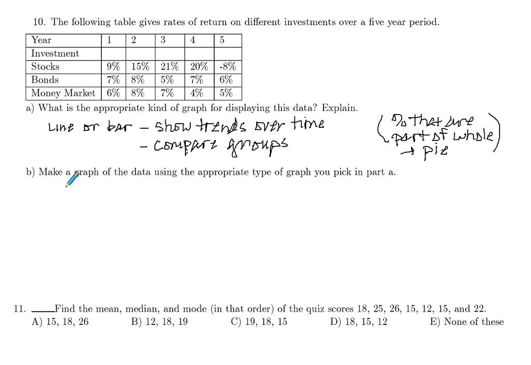So I'll start with a line graph here. Our dependent variable, that's our vertical axis, is going to be our percentage rate of return. Notice we did have a negative rate of return: negative 8% for stocks. They went down one of those years, so that's the lowest value. And the highest value is this 21%. So I'm going to put a horizontal axis on here, which is going to be the year. And the vertical axis is going to be your percent return.